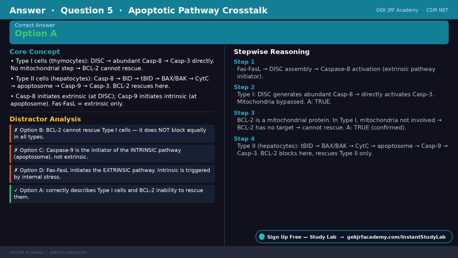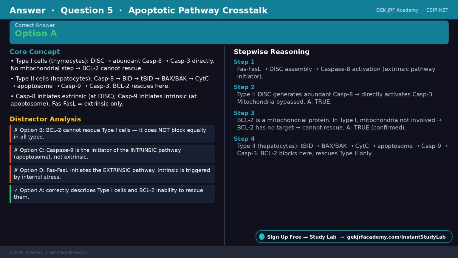Cytochrome C is released, forming the apoptosome with APAF1 and dATP, activating procaspase 9. Then caspase 3. In type 2 cells, BCL2 can rescue by blocking permeabilization.